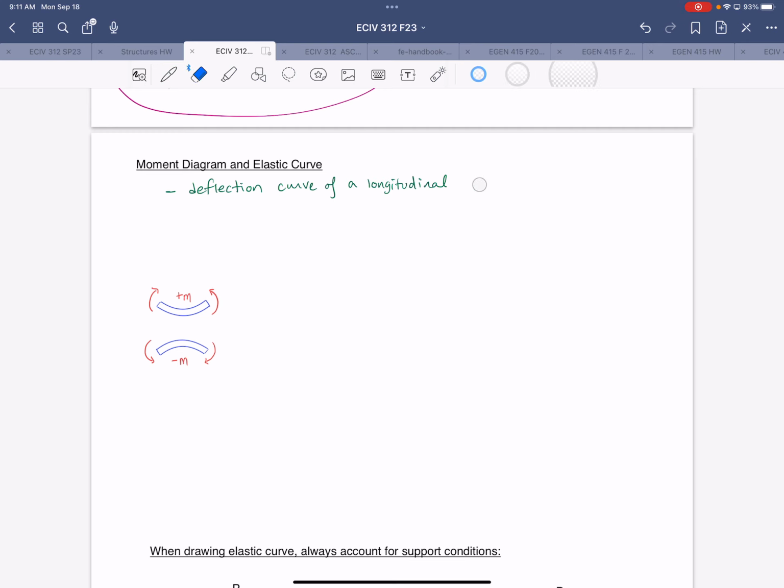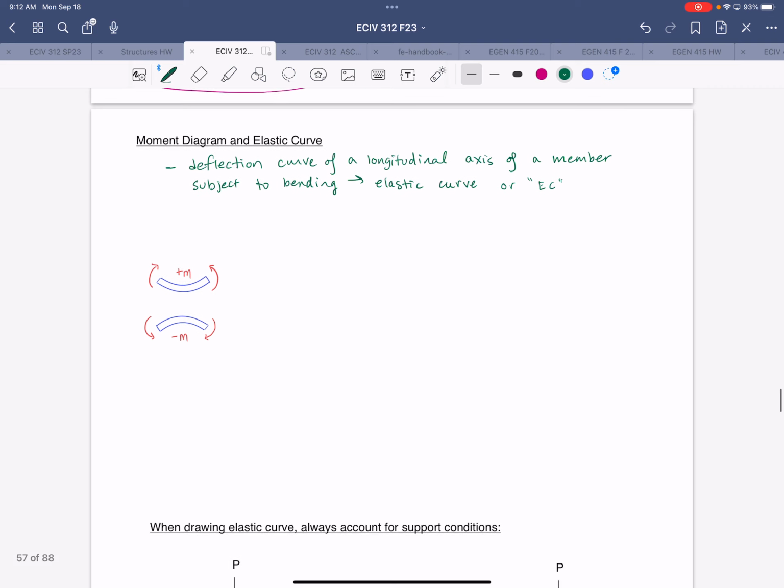Longitudinal axis is what I want to write here, of a member. And I often abbreviate this as just EC for short.